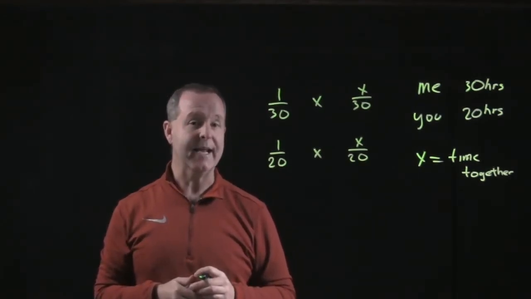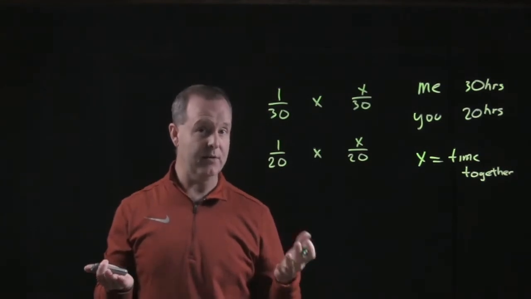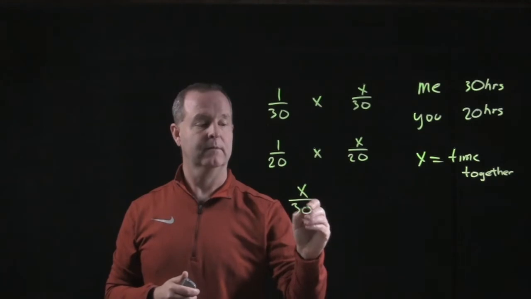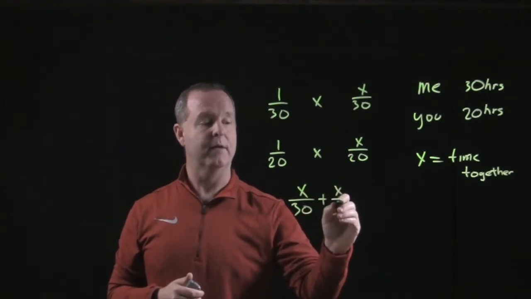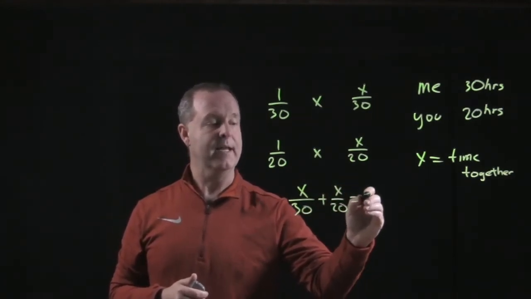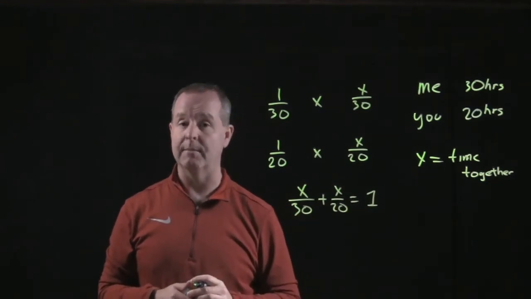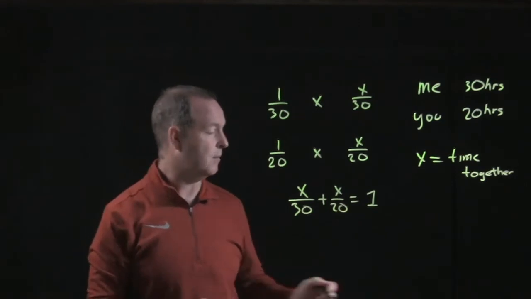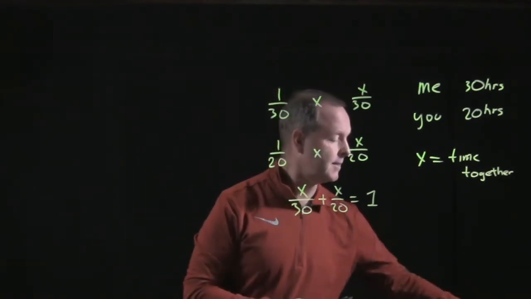So how long is it going to take us to get the complete job done, or one whole job? Well, we're going to take my effort plus your effort and equal those to one complete job. And now we have an equation, something that we might be a little bit more comfortable with in solving.